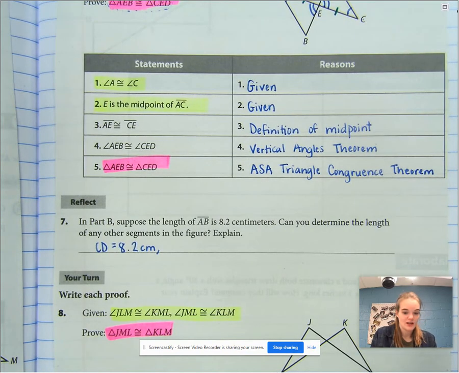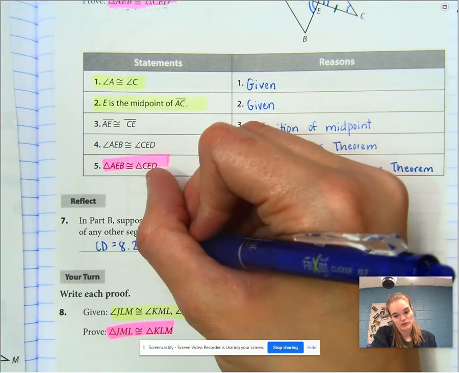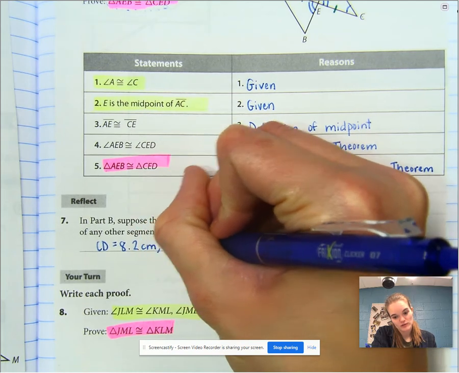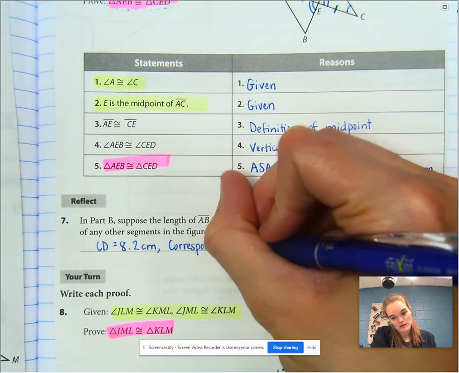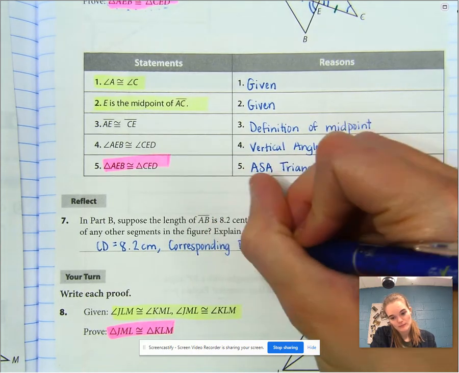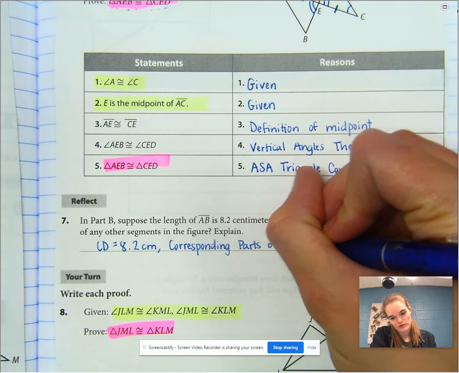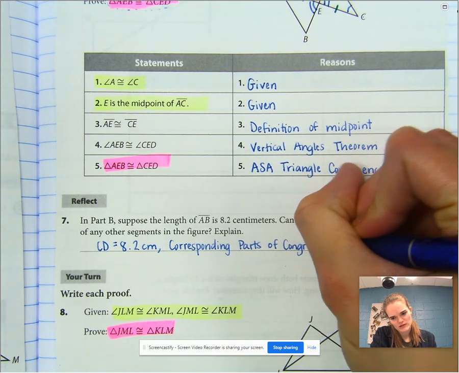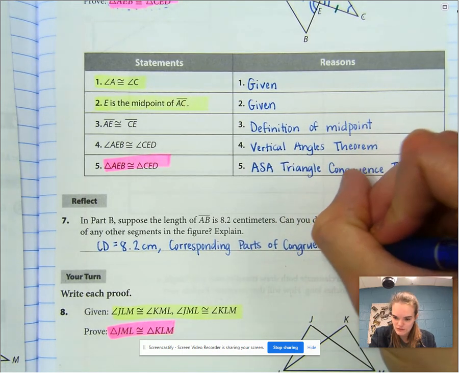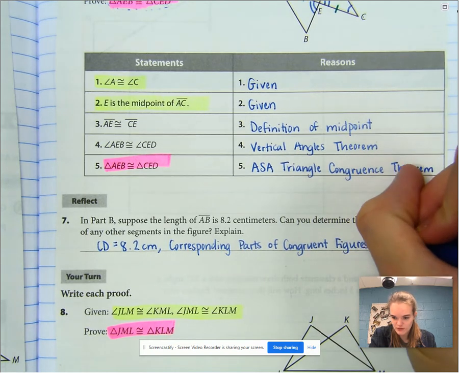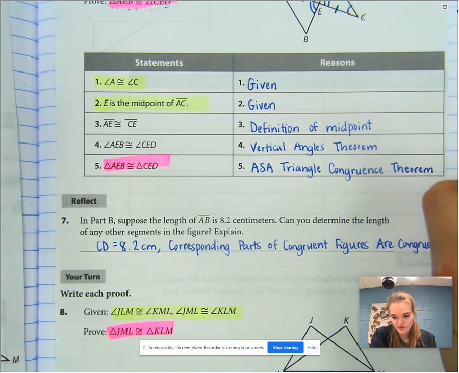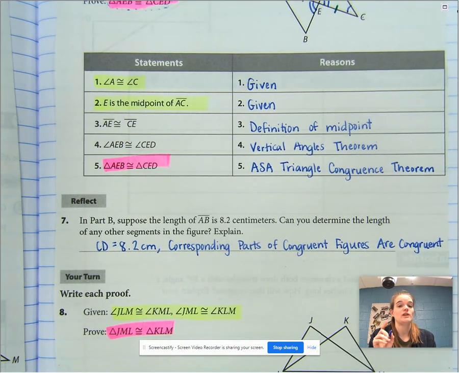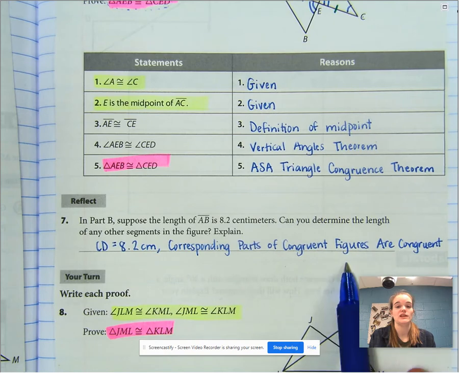The reason that it is 8.2 centimeters is because corresponding parts of congruent figures are congruent. You know, CPCFC. Sometimes you will now see CPCTC. They're interchangeable as long as you have a triangle. I don't care which one you use.